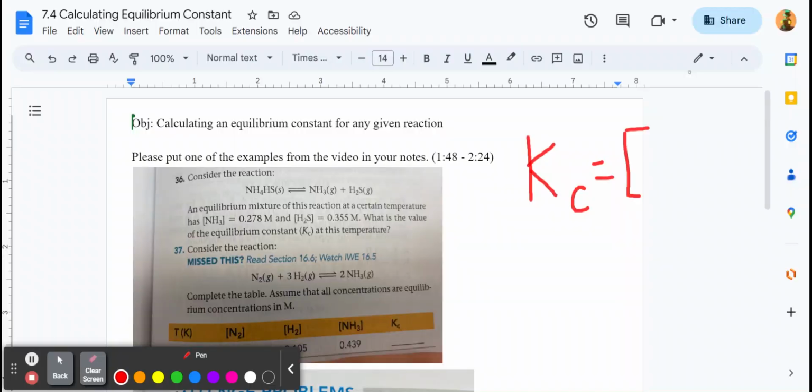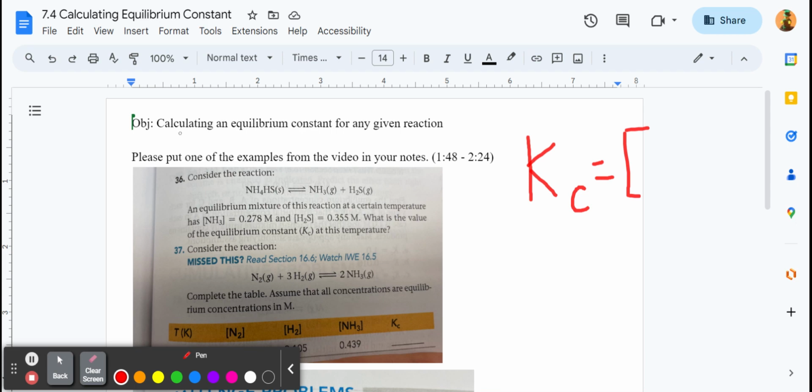And then what I need to do from there is substitute them in. It says in the problem that the concentration of NH3 is 0.278 molar, and the concentration of H2S is 0.355 molar. So my Kc would be equal to 0.278 times 0.355.